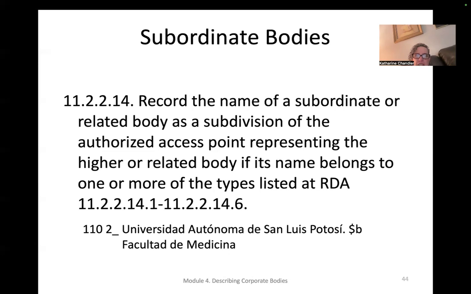Record the name of a subordinate or related body as a subdivision of the authorized access point representing the higher or related body if its name belongs to one or more of the types listed at RDA 11.2.2.14.1 to 11.2.2.14.6, like Universidad Autónoma de San Luis Potosí, subfield B, Facultad de Medicina.